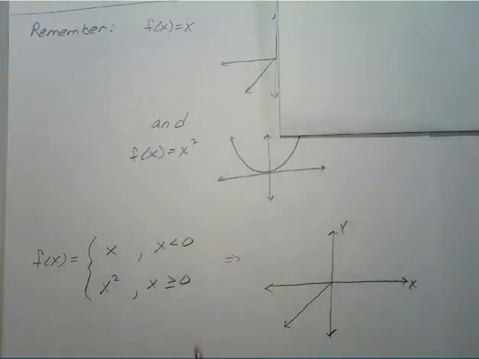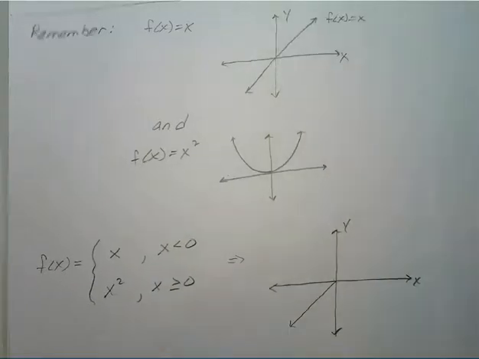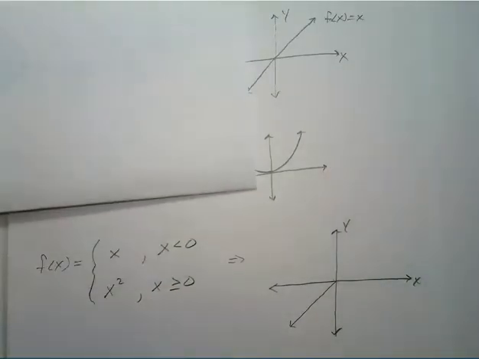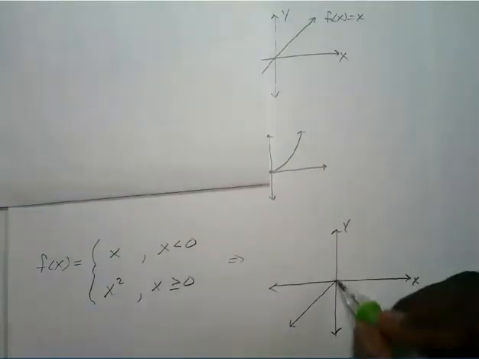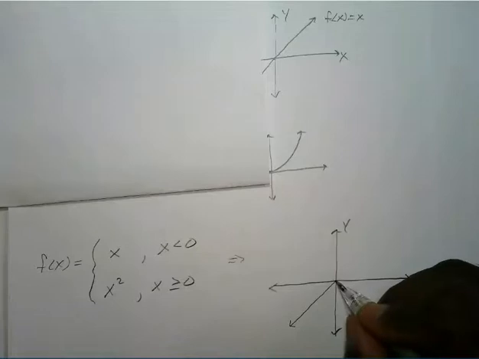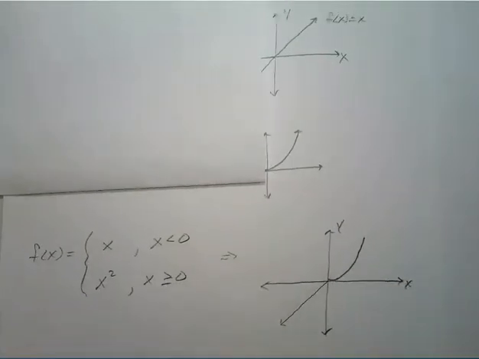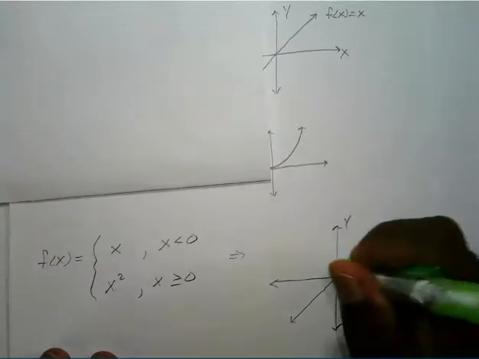Now for x greater than 0, we have f of x equals x squared. So to the left of 0, we use x, but to the right of 0, we use this one. We cover that up, and to the right of 0 we're only using that right part. Let me clean that up a little.